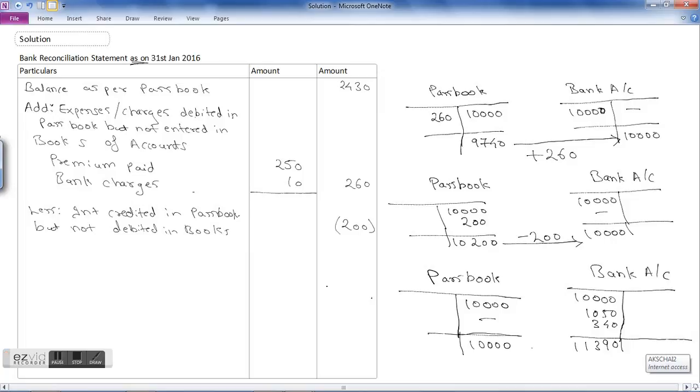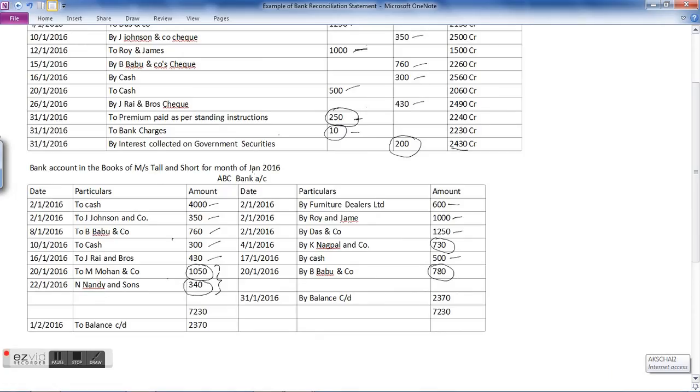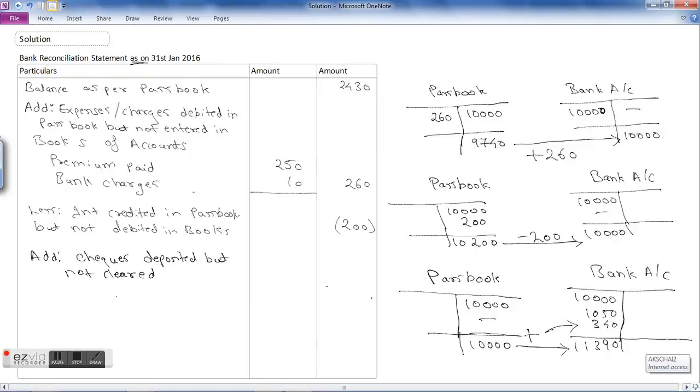11,390. So we are moving from passbook to our bank account. What we have to do? We have to add these two amounts in our bank reconciliation statement, correct? So add: checks deposited but not cleared, correct? Now what are the two parties? M Mohan and Company 1050 and M Nandi and Sons.